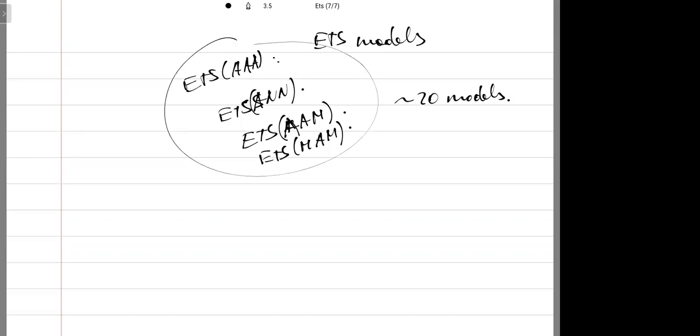And for each model, you can estimate it using maximum likelihood. Using maximum likelihood, you can estimate the initial, let's say, 9 parameters. Sometimes it's more than 9, sometimes it's less than 9. Using the formulas of a model, you can fill a table row by row, and you will decompose your actual Y into components.